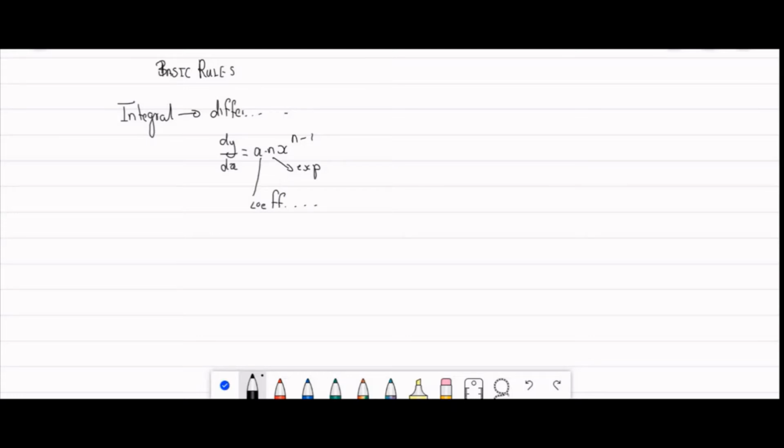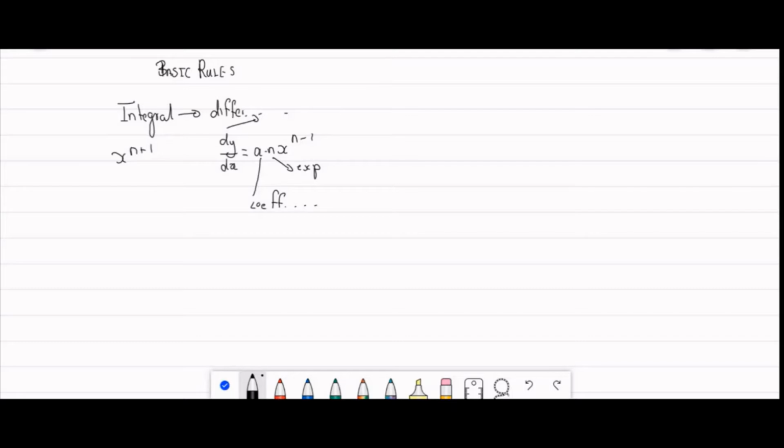Now, since we are doing integration, if we have x to the power n, because in differentiation we are subtracting 1 from our exponent, in integration we will add 1 to our exponent. So let's look at the first rule.